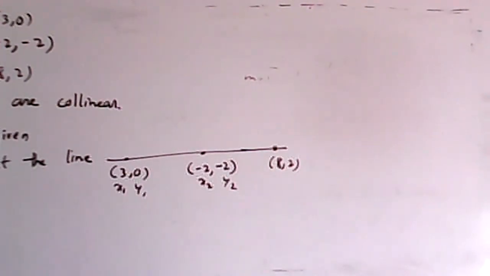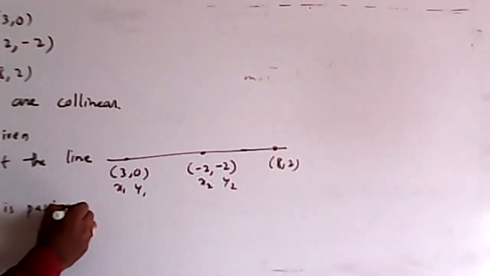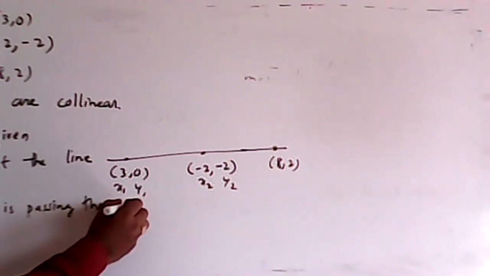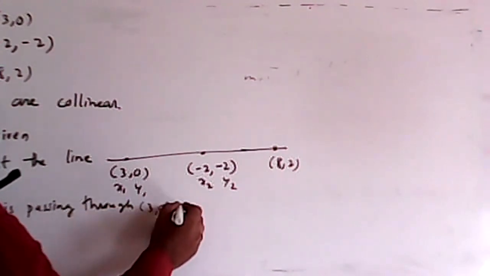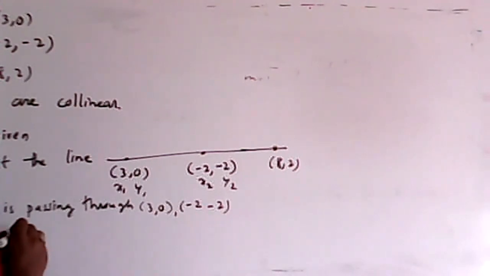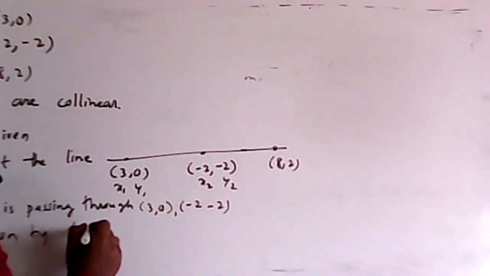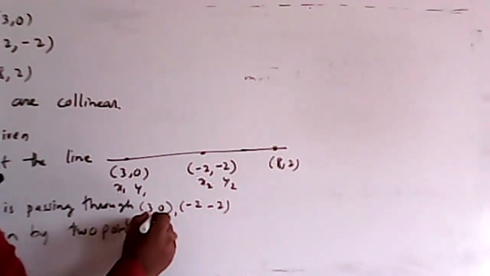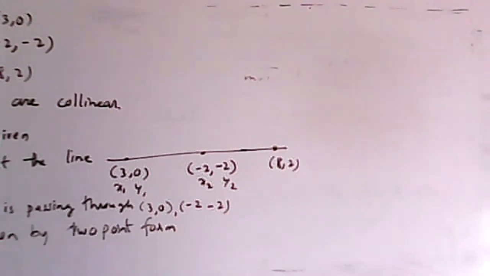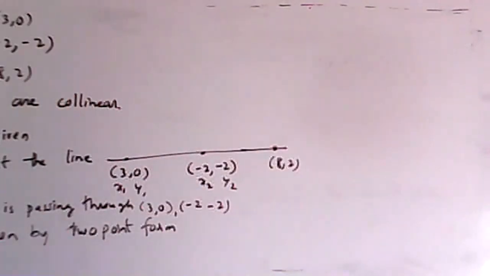Say L is passing through 3 comma 0 and minus 2 comma minus 2. Then by the 2-point form, y minus y1 is equal to y2 minus y1 divided by x2 minus x1 into x minus x1. Correct?